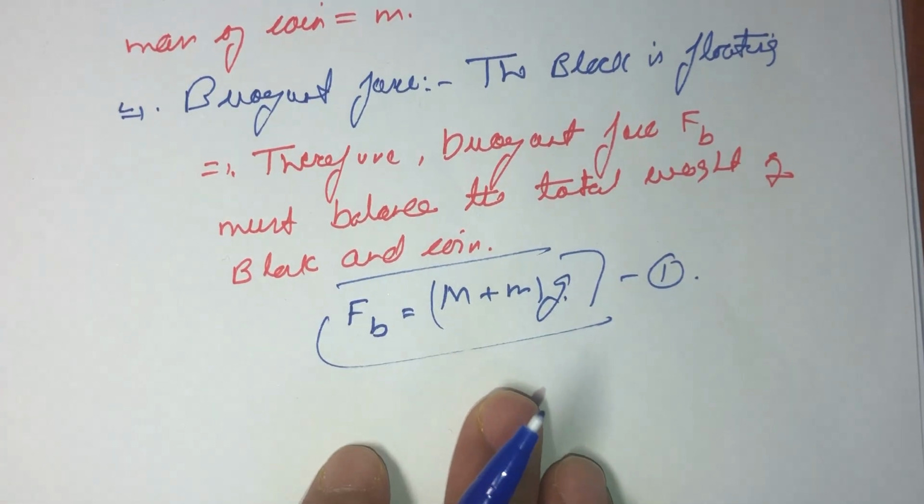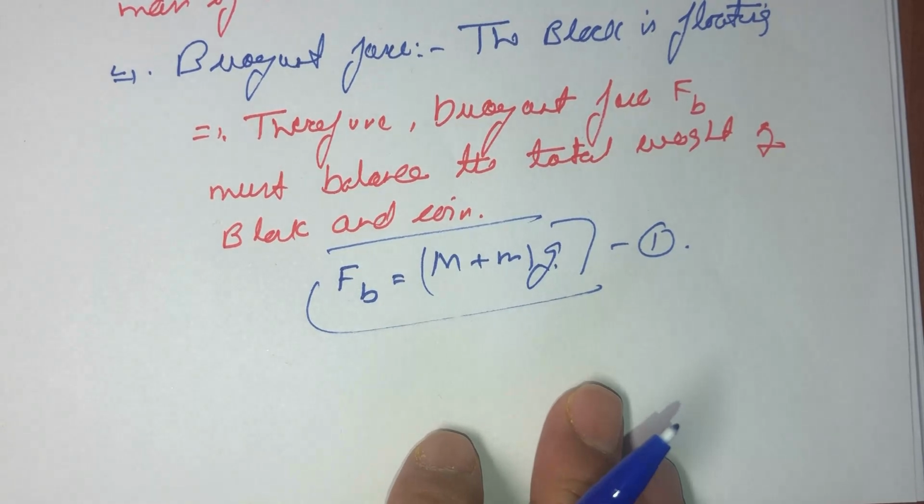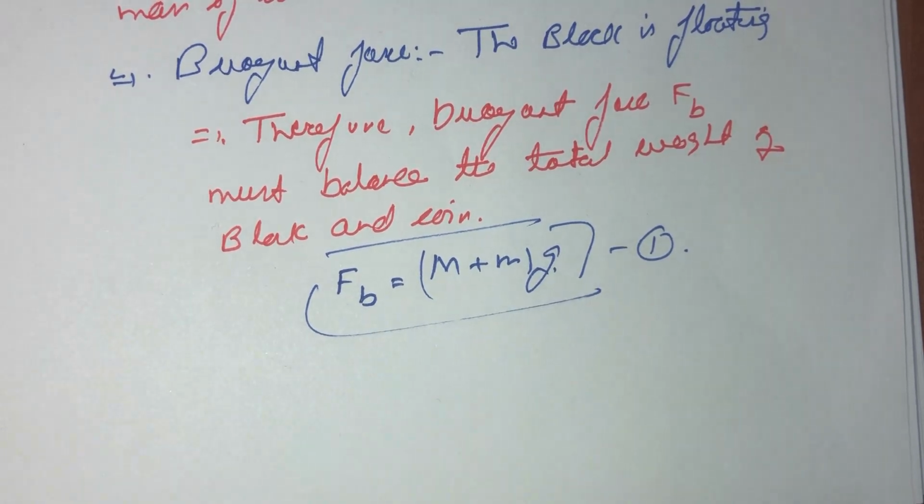Also this buoyant force will be equal to the weight of the water displaced by the coin and block system. For the block, it will be dependent only upon the volume submerged of the block.